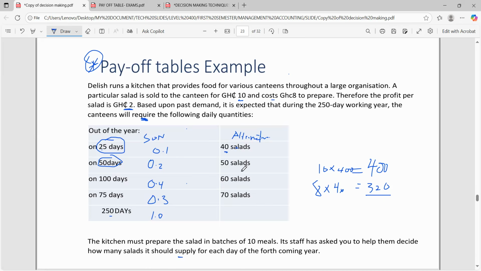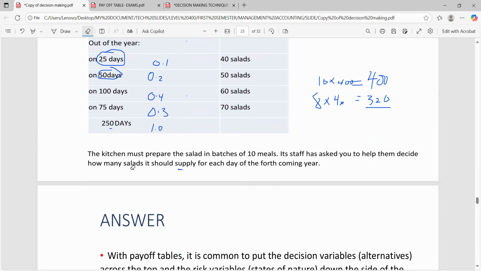Now, these are the demand for the salad, and these are what you'll be supplying. So we'll be using this to construct our payoff table. These are the demand and supply of the salad. But when you read on the question, it says that the kitchen must prepare the salad in batches of 10 meals, and the staff has asked you to help them decide how many salads it should supply for each day of the forthcoming year.